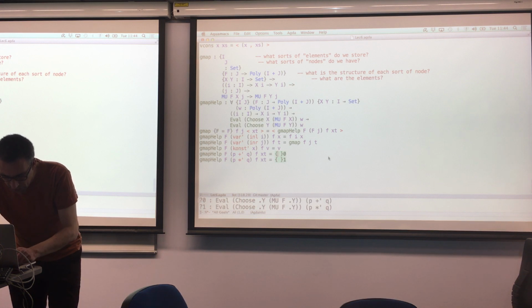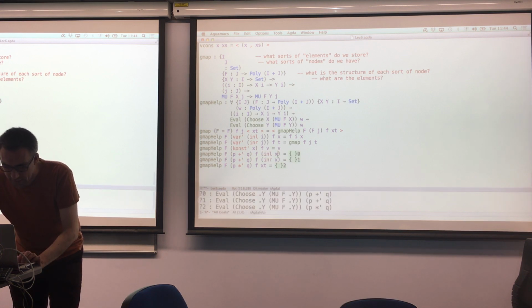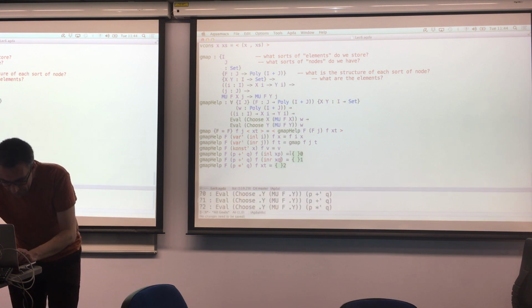And it's the usual story. If the polynomial is a sum, then we have to see whether it's a lefty or a righty. And of course, we have to put the same thing back.